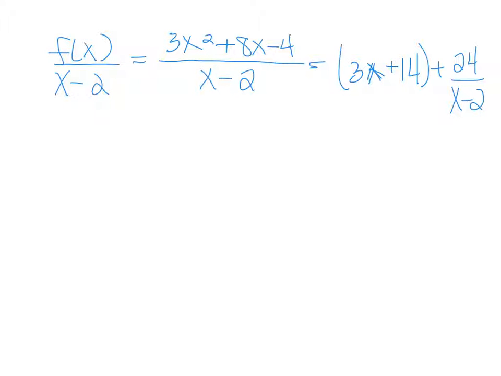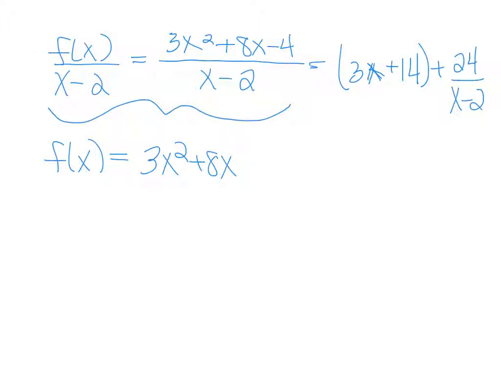So if we multiply both sides of the equation by x minus 2, so we are rewriting f. Multiply both sides of the equation by x minus 2, and we get f of x equals 3x squared plus 8x minus 4 times x minus 2 plus 24.